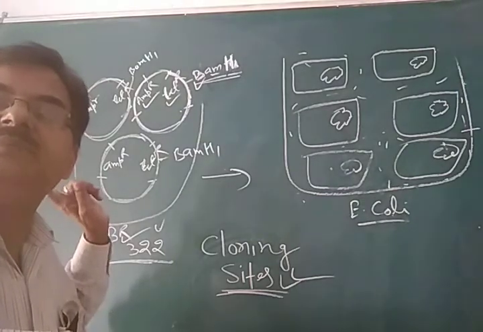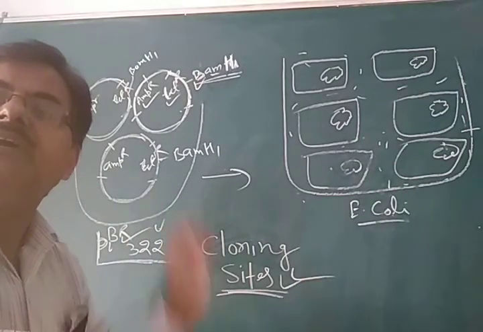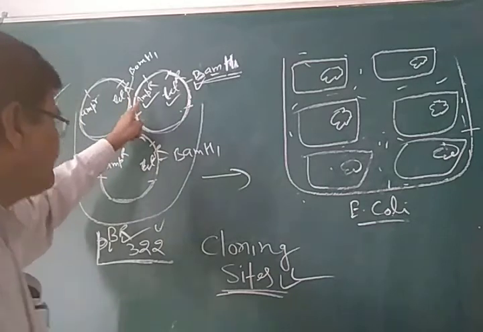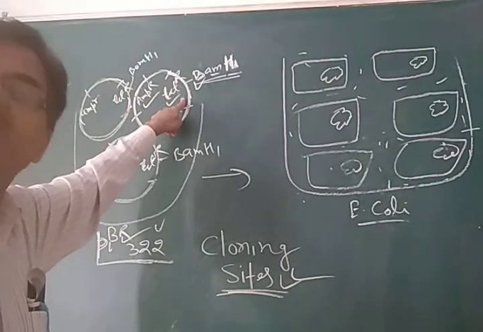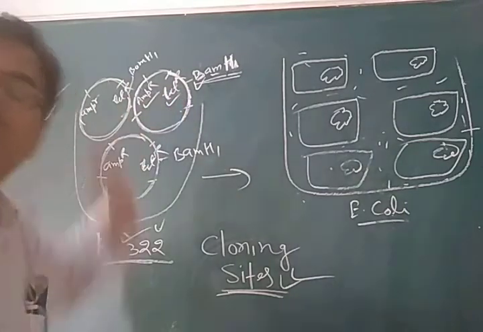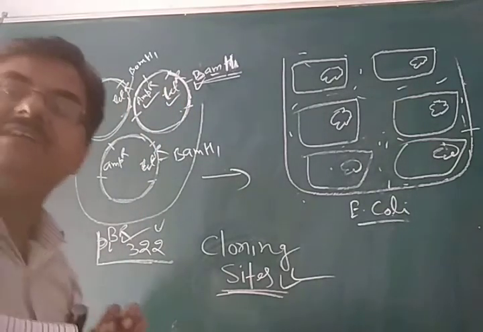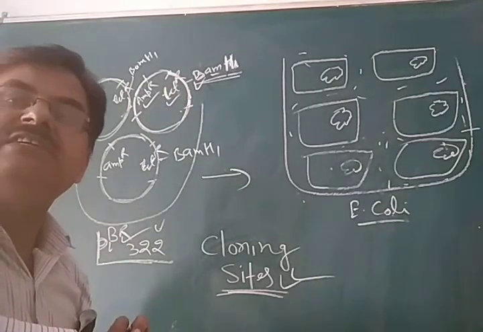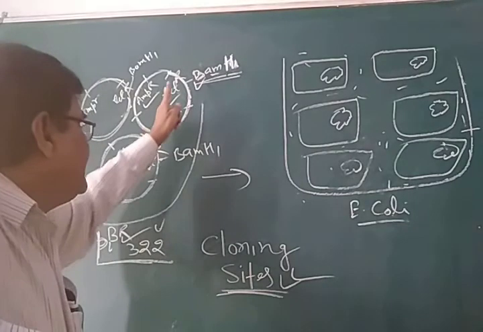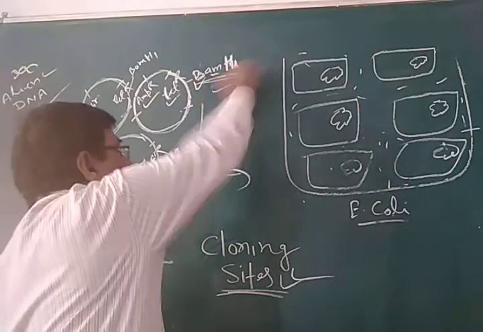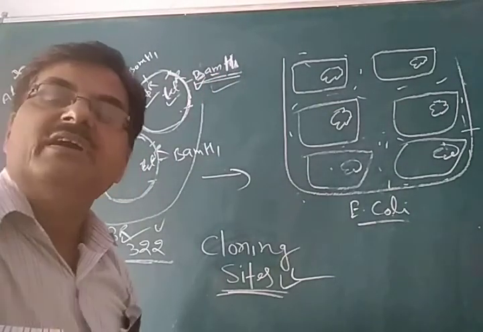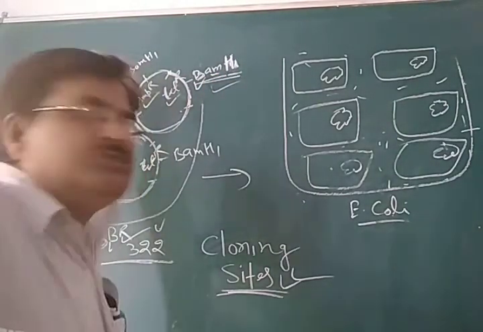Suppose we are going to ligate our alien piece of DNA, or foreign DNA, in the tetracycline resistance gene, because we are going to use the BamHI restriction enzyme to cut these cloning vectors.